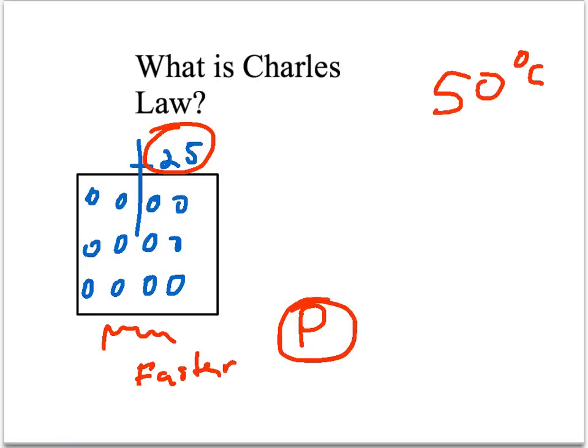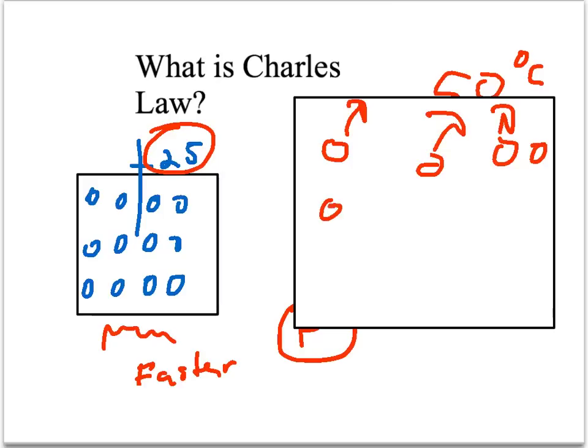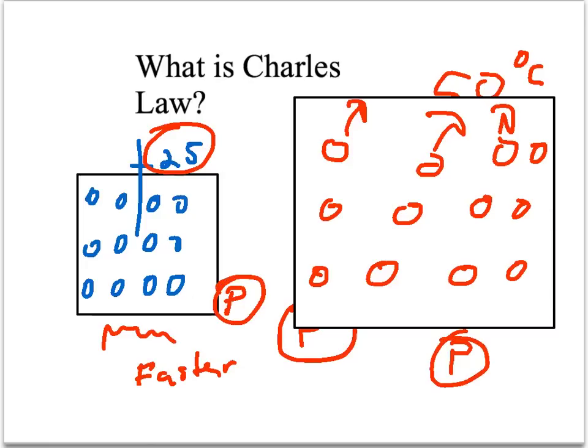Well, the answer to that is make the container bigger, and then those particles, even though they're moving faster than they were, those are particles with arrows on it, they have more space. And so they're moving faster with more space, so I can get the pressure equal in my two containers as long as I increase the volume.